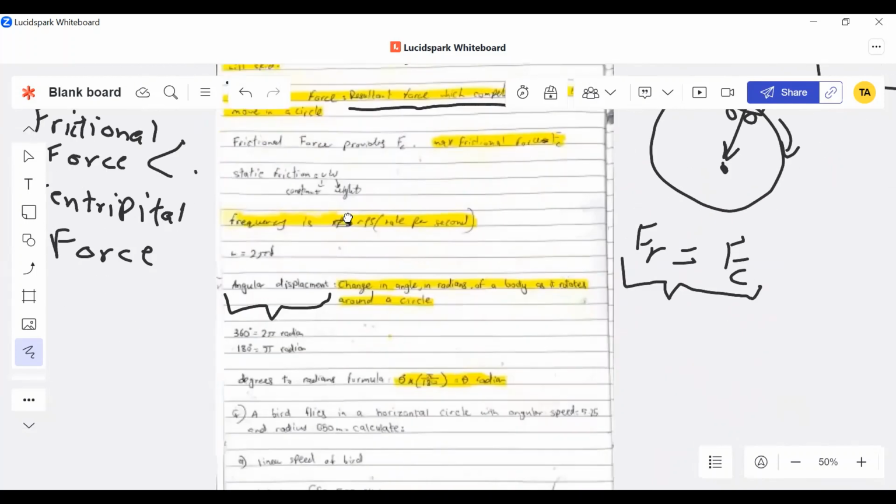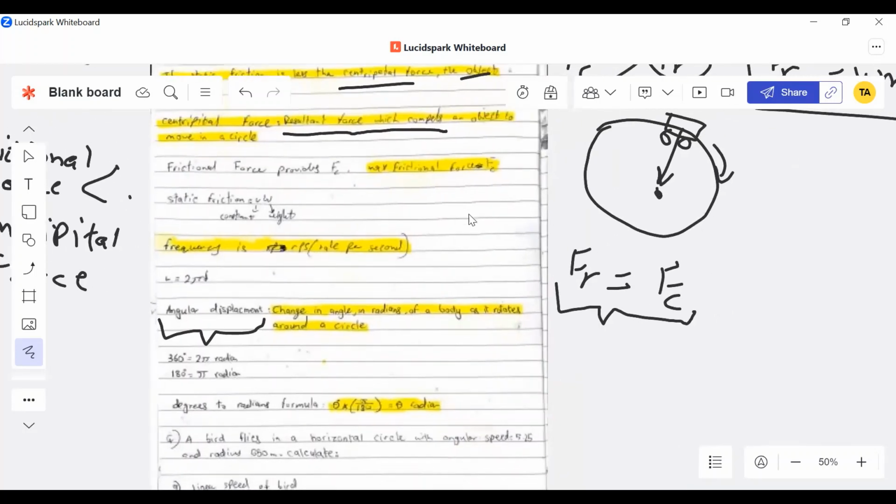And angular displacement is the change in angle in radian of a body as it rotates around a circle. So the distance when the object is rotating around the circle is called angular displacement. This you don't need to know because they won't really test you for this.